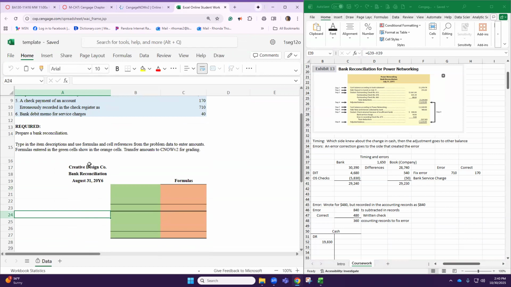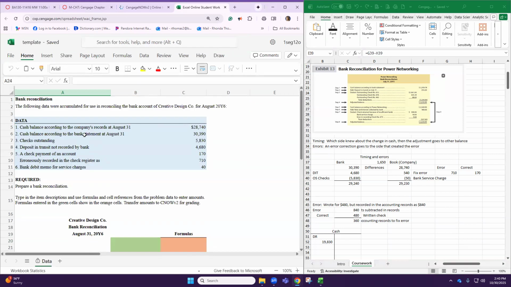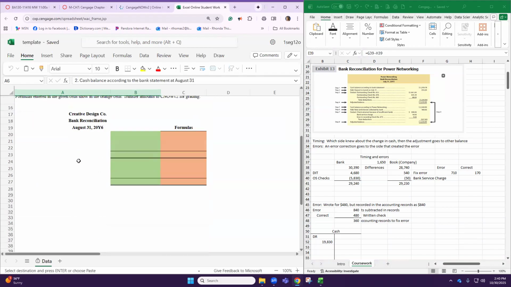They have those on the bottom. Okay, so here's what I'm going to do. Let's see if we can bring this over and copy and put it in here, because it's the first account listed, right? Yep. Okay, cash.